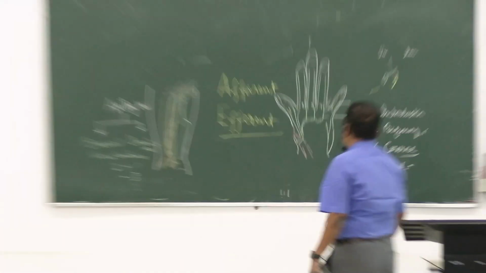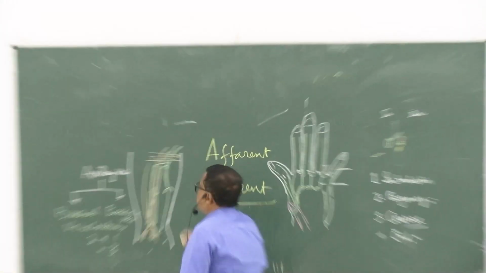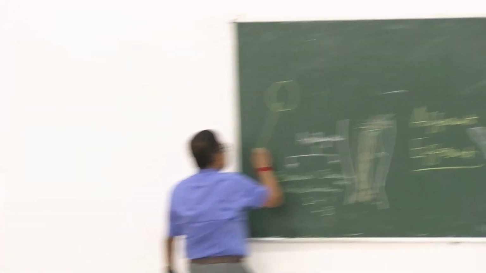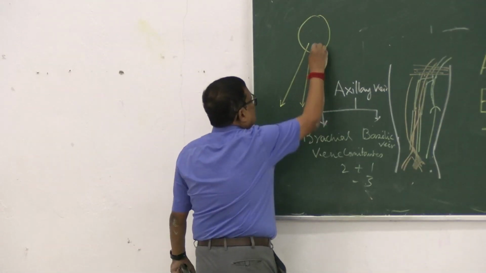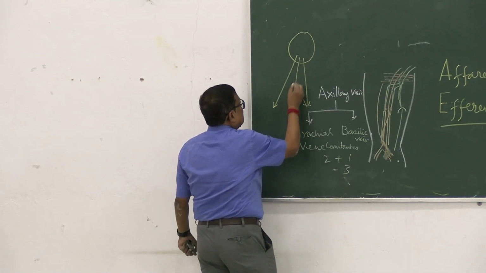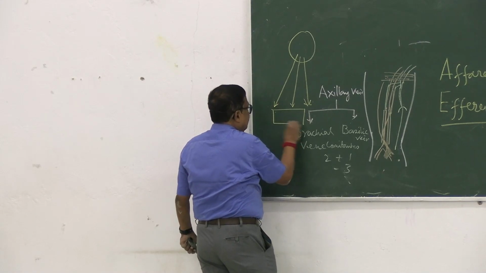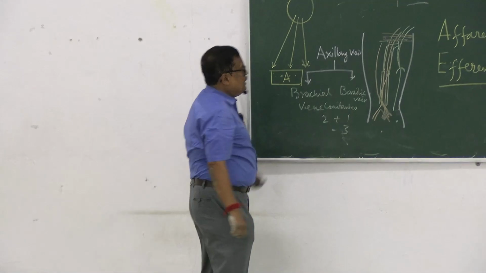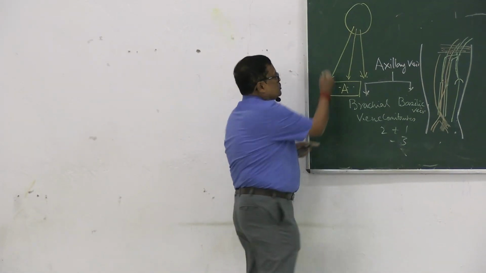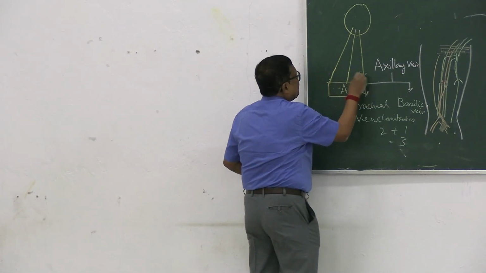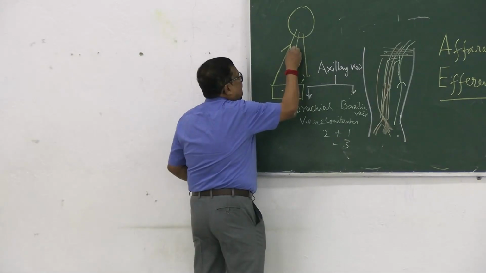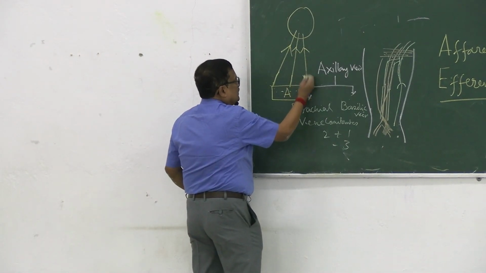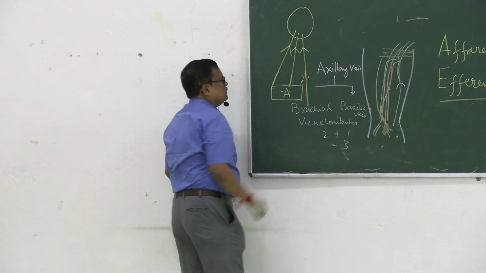Afferent lymphatics, what is the importance? Suppose it is a lymph node which drains afferent lymphatics from a region A. Some lymphatics bypass it.